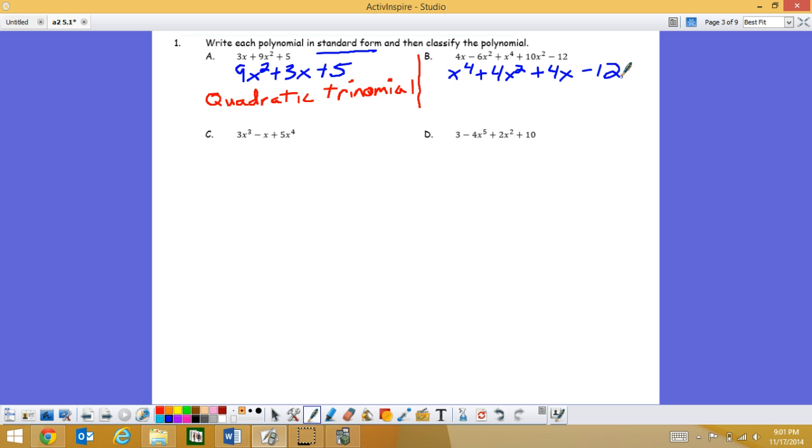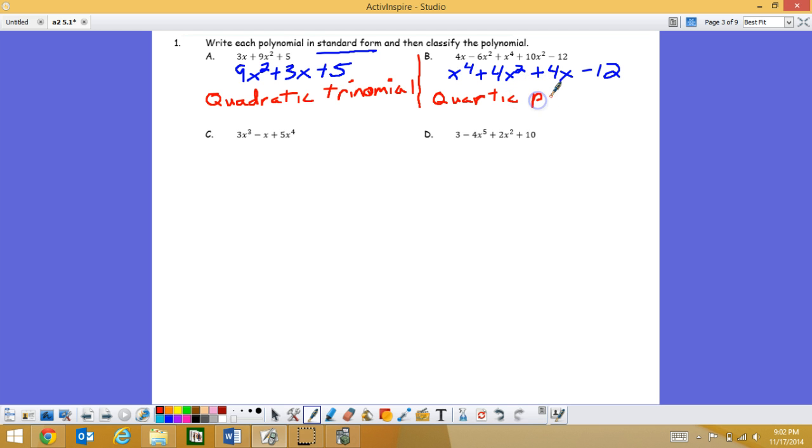And so in this case, our highest exponent is 4, so this is a 4th degree. And we call 4th degree quartics. So this is a quartic. And since we have 4 terms, we really don't have a special name for a polynomial with 4 terms.